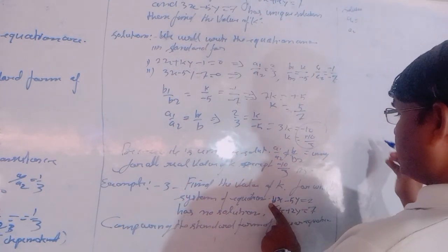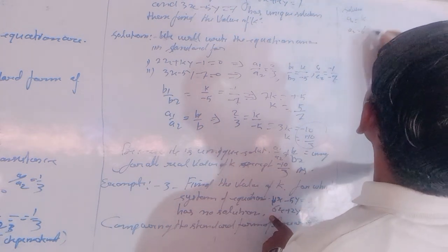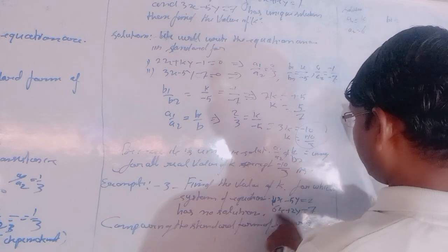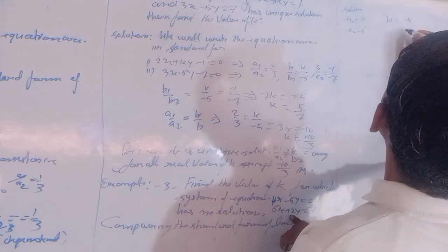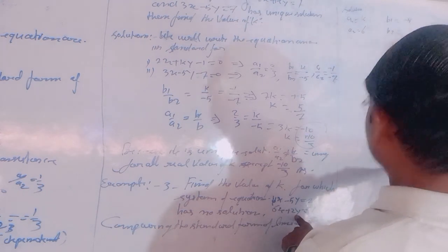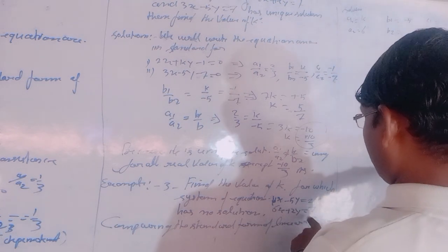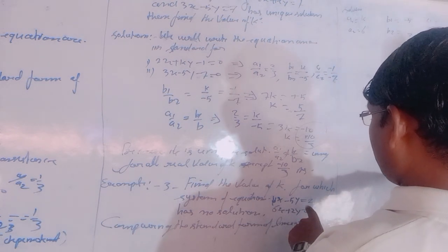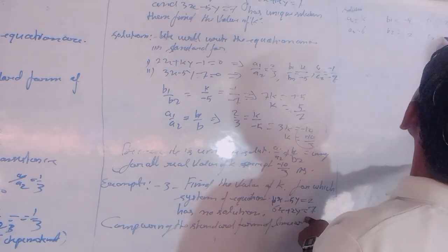So a1 is equal to k, a2 is equal to 6, b1 is equal to minus 5, b2 is equal to 2, c1 is equal to minus 2 and c2 is equal to minus 7.